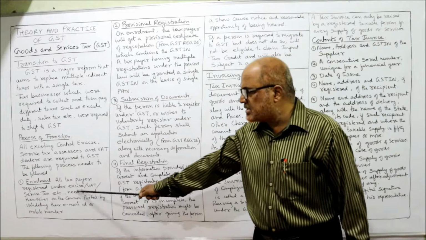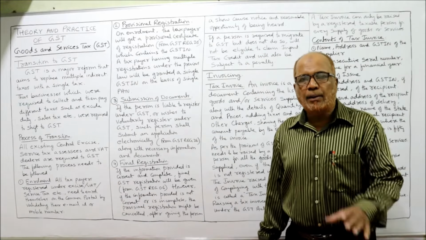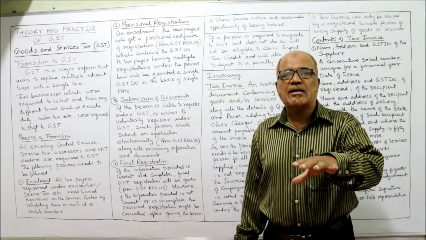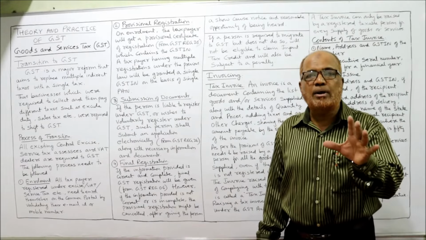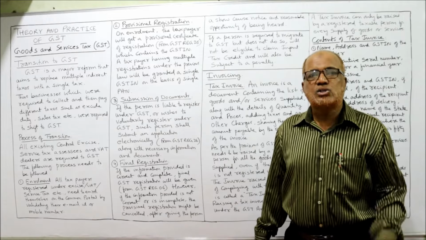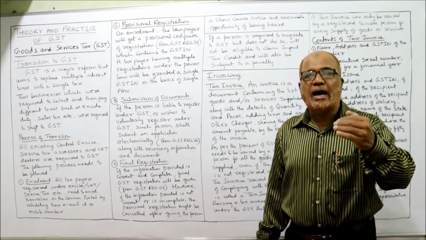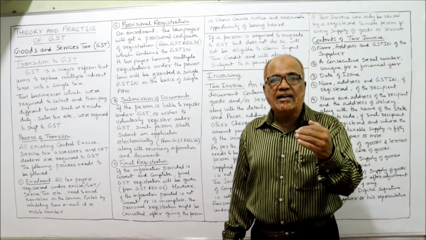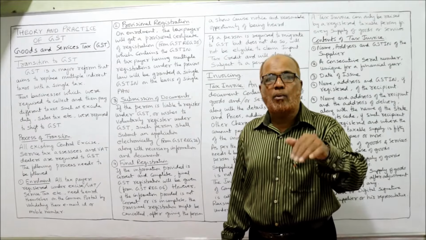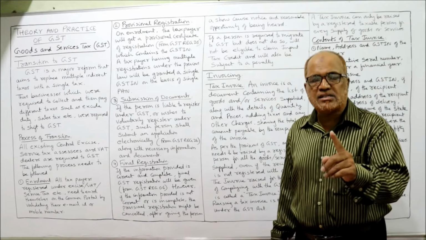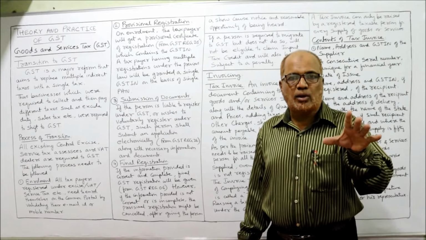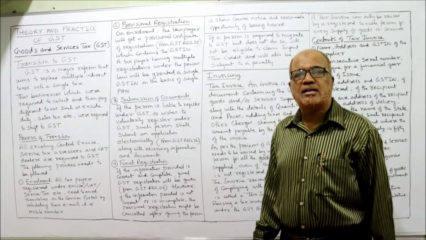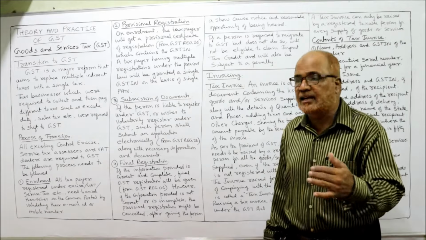The first step is enrollment. A person who is having multiple taxes first of all has to go to the portal. A common portal is there for GST. In that portal he has to enroll. He has to validate his email and mobile number. So first step, go to the portal, then submit your mobile number and your email address so that they will be validated.